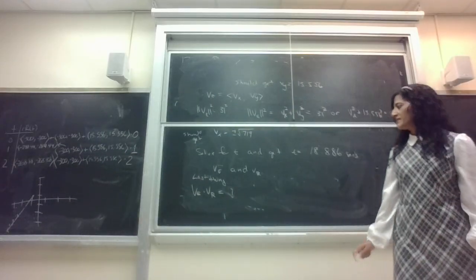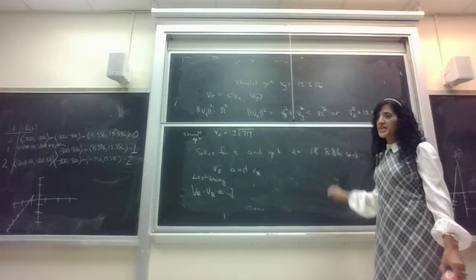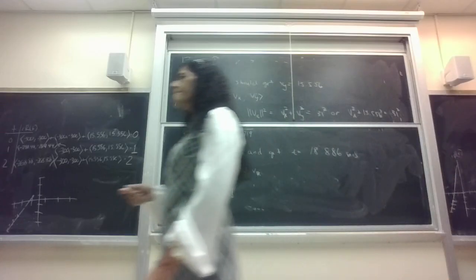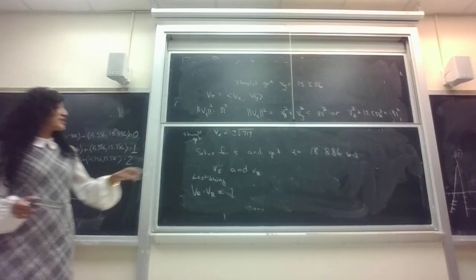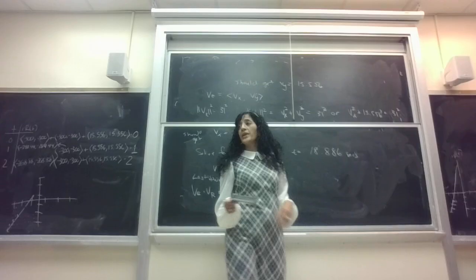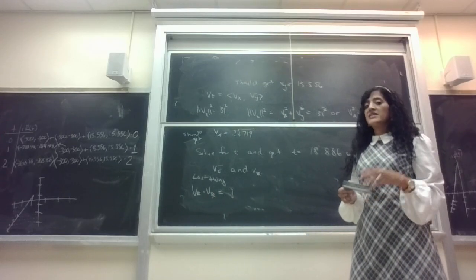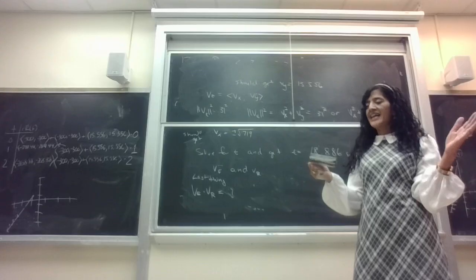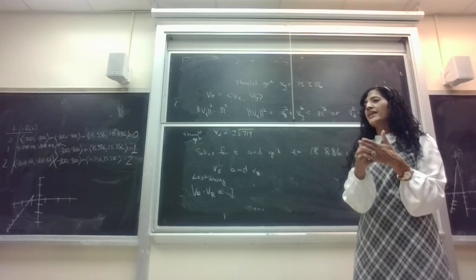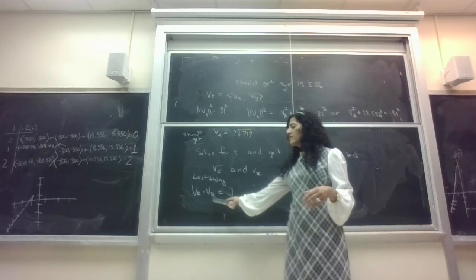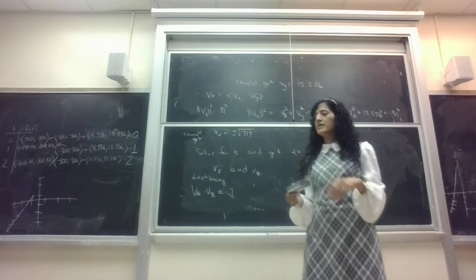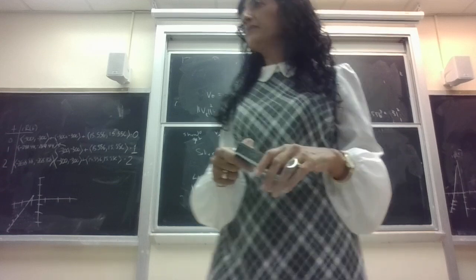But that's not where you're going to get graded, these computations. They do intersect. They intersect at time equals 18.886 seconds. So why is there no kill? Because they made a condition that it has to intersect at a 90-degree angle. And two vectors are 90 degrees apart if the dot product is 0.